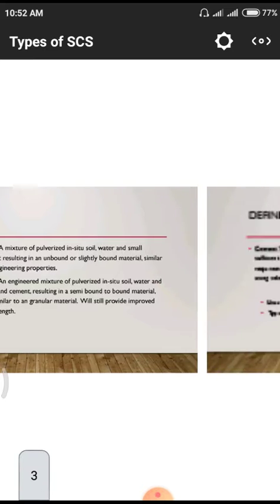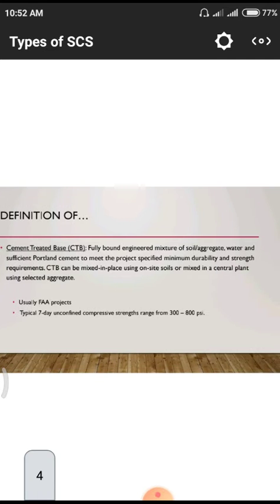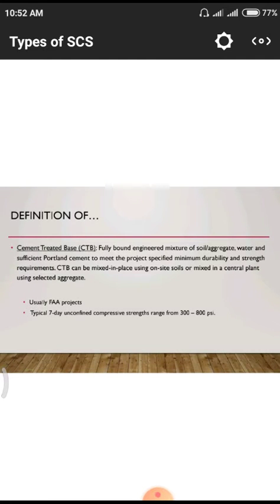Next one, soil cement treated base. In the cement treated base, a fully bound aggregate mixture of soil aggregates, water, and sufficient Portland cement meets the project specified minimum durability and strength requirements.